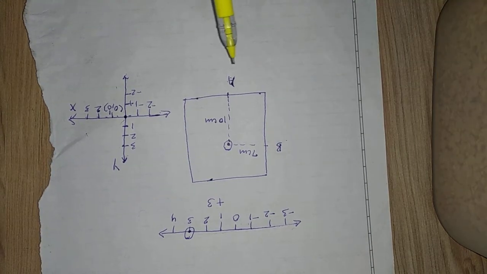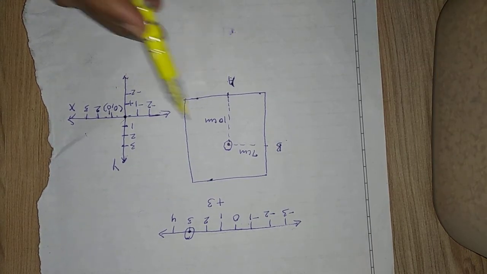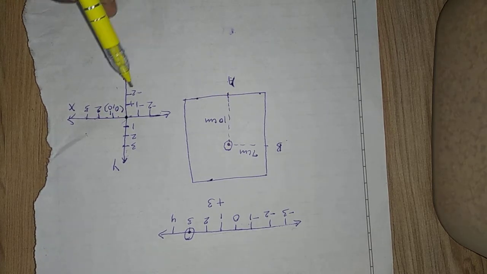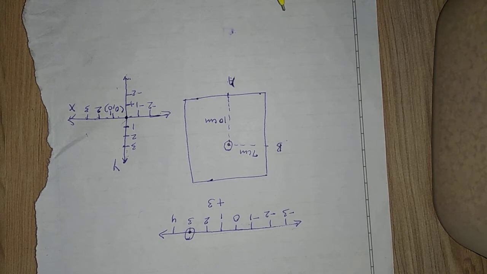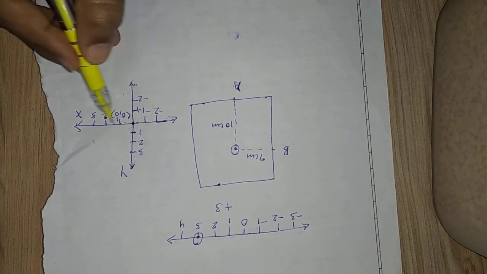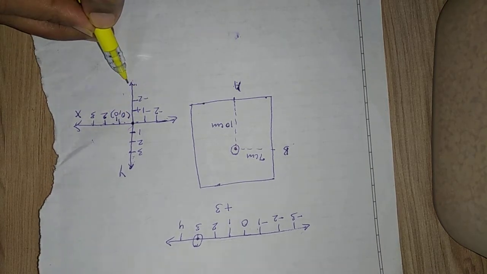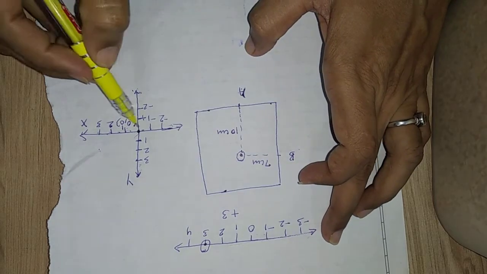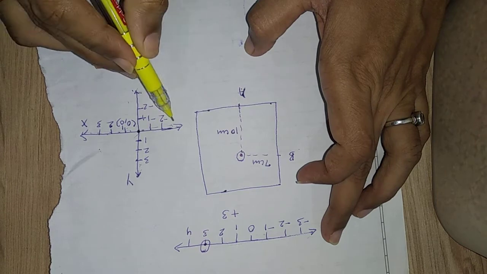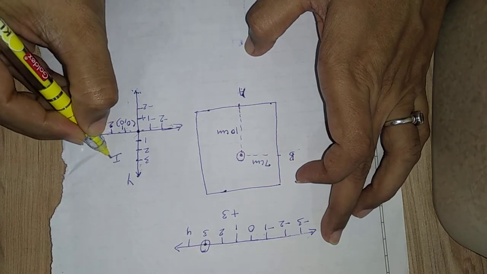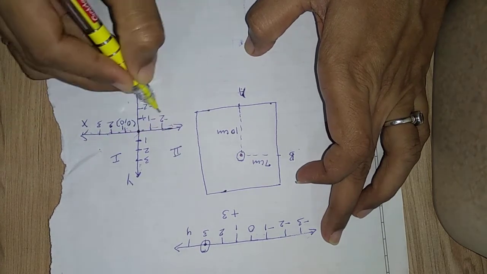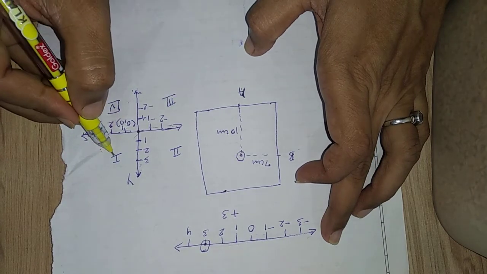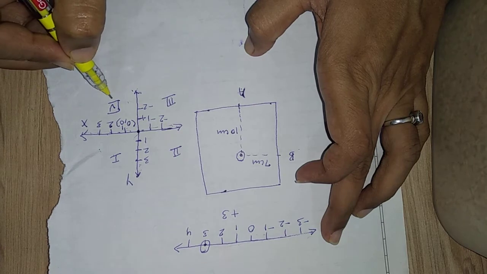The branch of mathematics in which we locate the position of any object in a plane is called coordinate geometry, and this system is called the Cartesian system. The horizontal and vertical axes divide a plane into 4 parts. These parts are called quadrants. We have 4 quadrants: 1, 2, 3, 4.